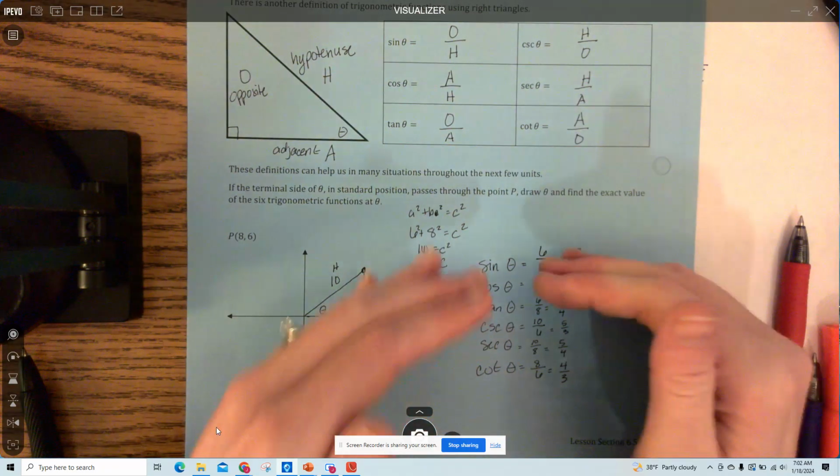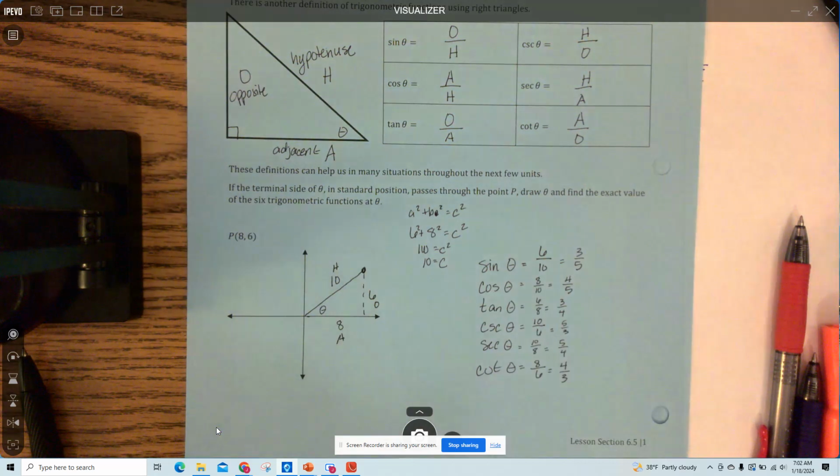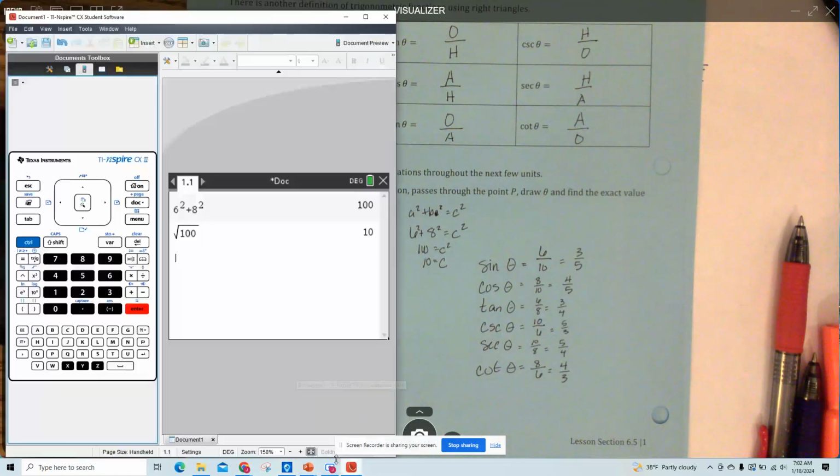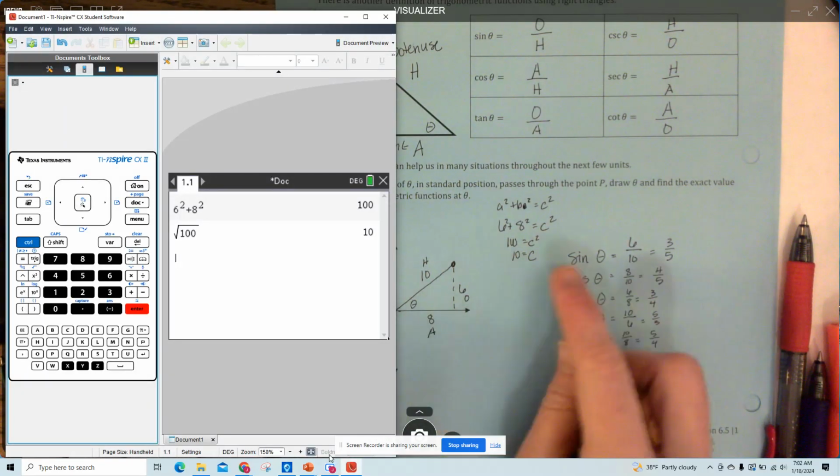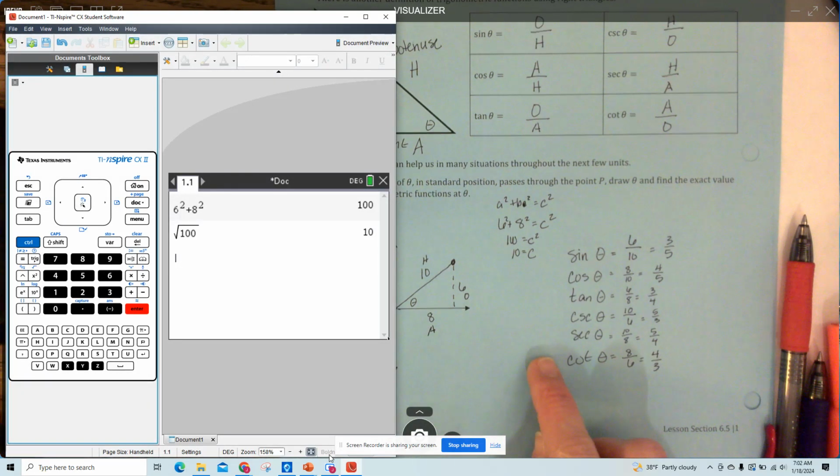There's another way that we can use these values as well. What I want to show you in the calculator is that I can find the measure of this angle using any of these relationships. What I would use is the inverse, so it would be sine to the -1.